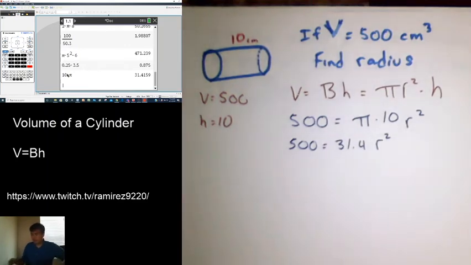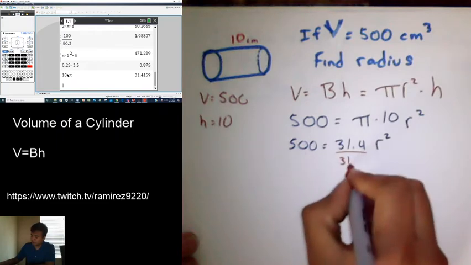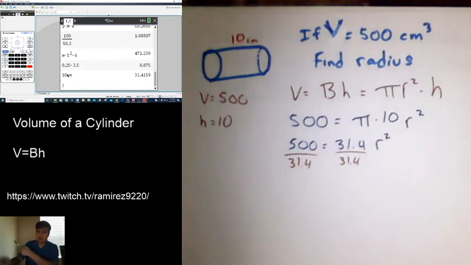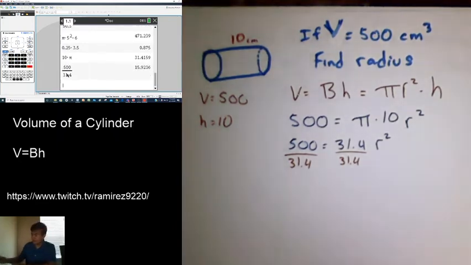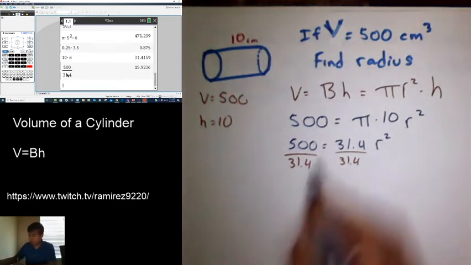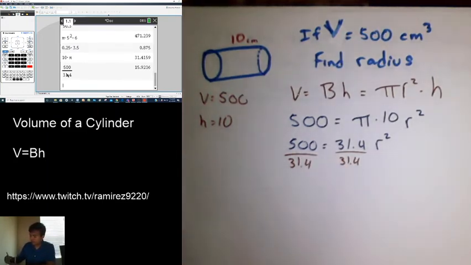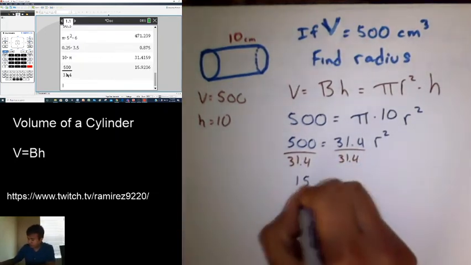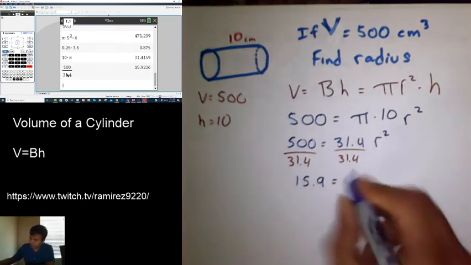We divide both sides by 31.4 to isolate the r squared. So 500 divided by 31.4, and I find that r squared is 15.92.